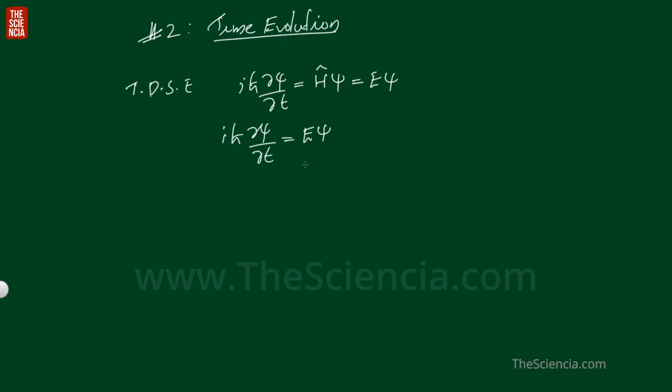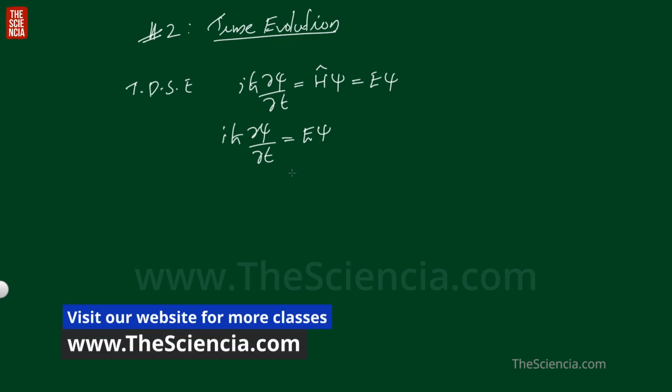That is, we know the time dependent Schrodinger equation. That is i h cross ∂ψ/∂t is equal to Hψ, that is equal to Eψ, right? That is i h cross ∂ψ/∂t is equal to energy E into ψ. Here I am going to write this equation in the variable separable form.